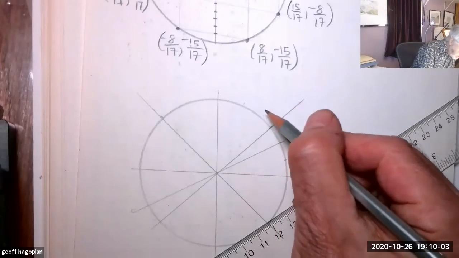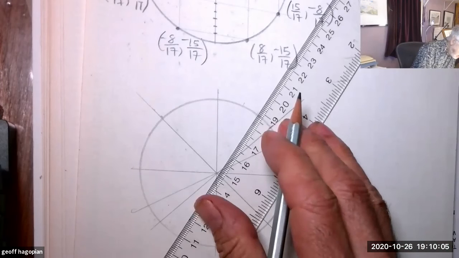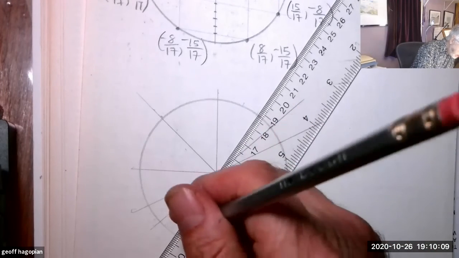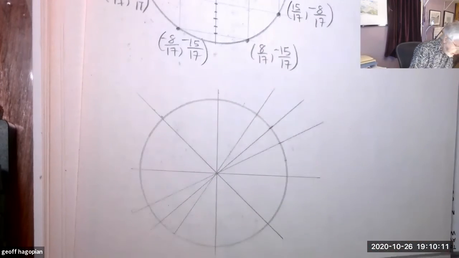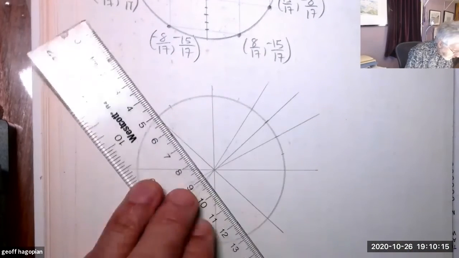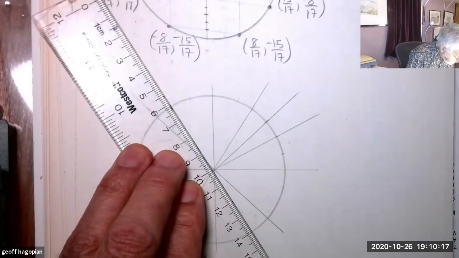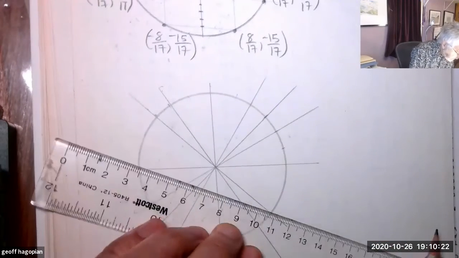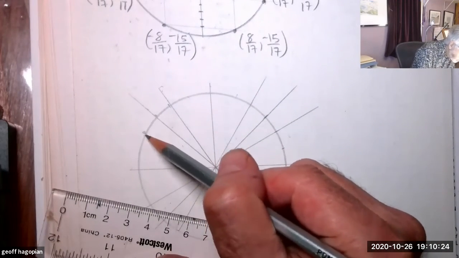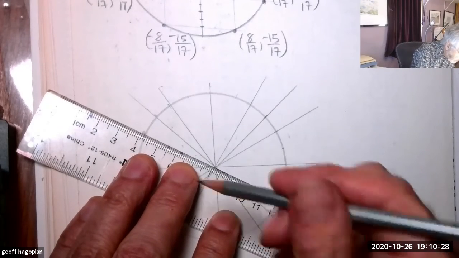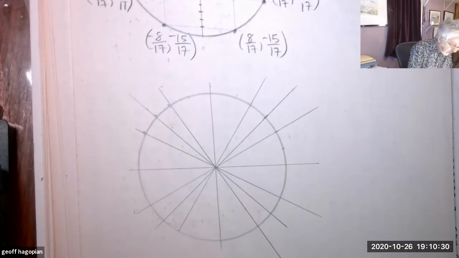And divide this into thirds and only take the lower bit of that. And then, okay, so I'm going to say we've got this. Okay, so what are these?